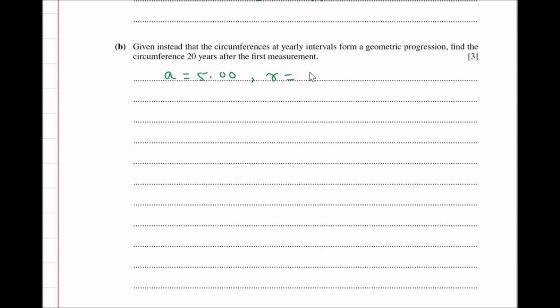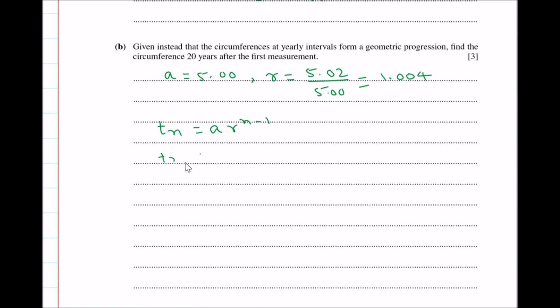R, we need R, so R equal to second term, 5.02, divided by first term, 5.00. If you divide, we get 1.004. So this is our R. Now let us find T. As we know, Tn equal to A R to the power n minus 1.